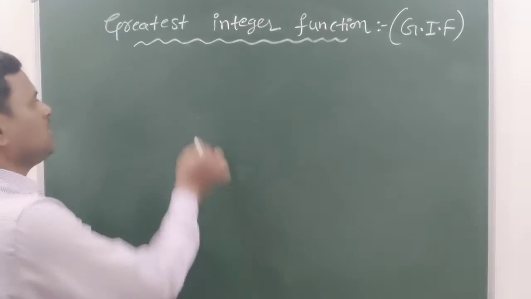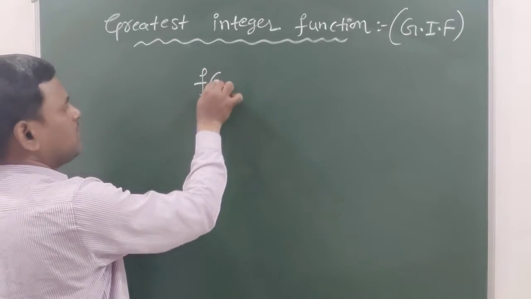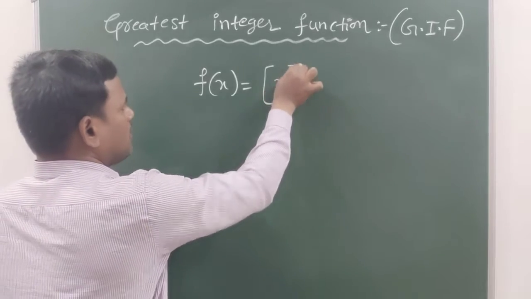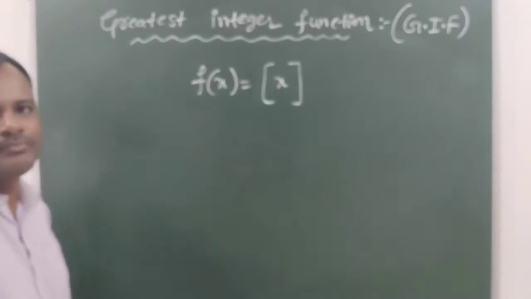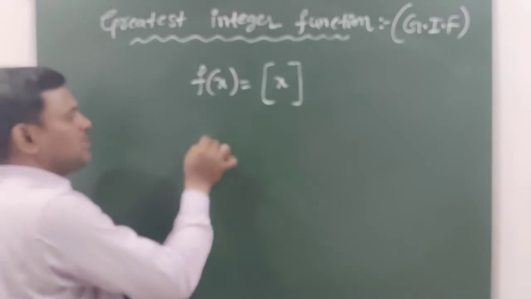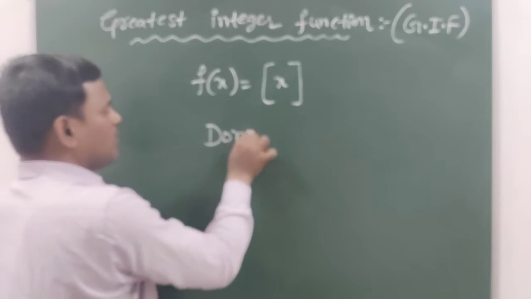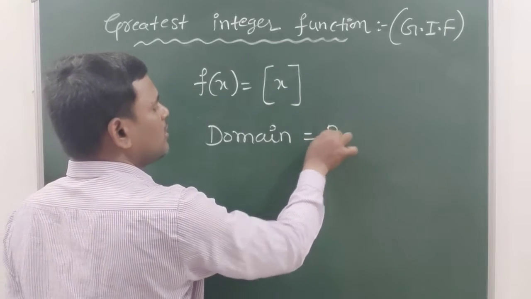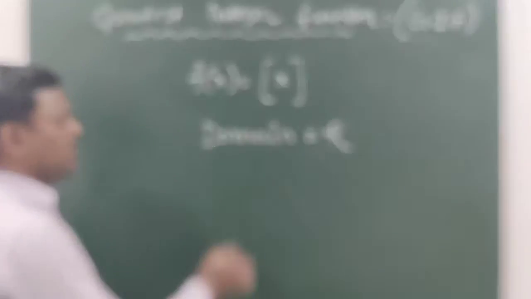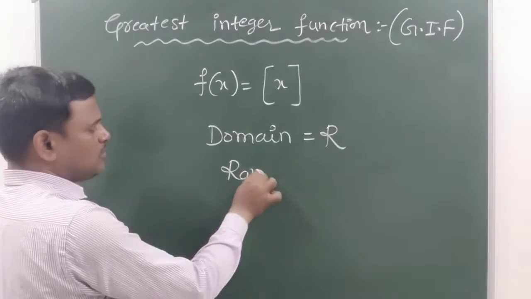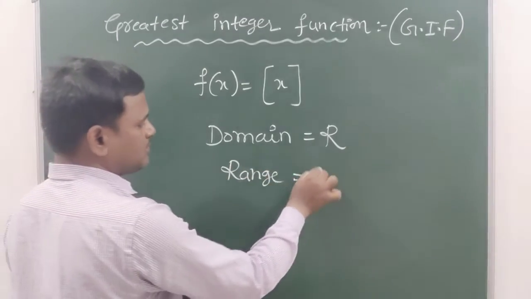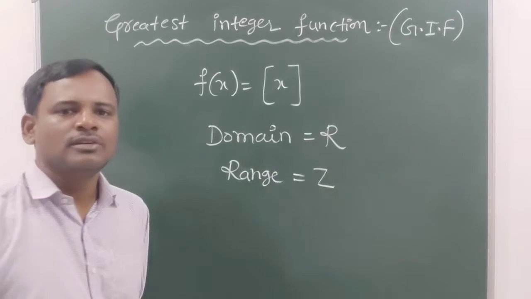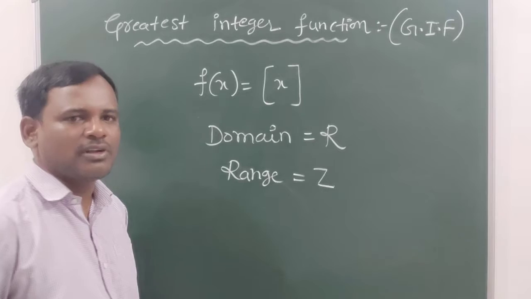See the definition of the greatest integer function. f of x equal to greatest integer of x. This function is defined for all real numbers, whereas the range is only integers, and those integers may be positive, negative or 0.